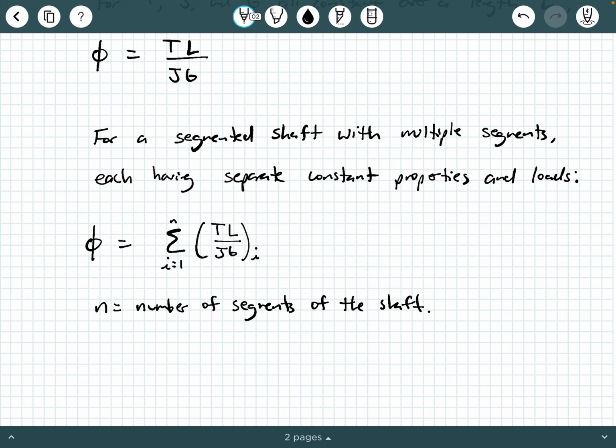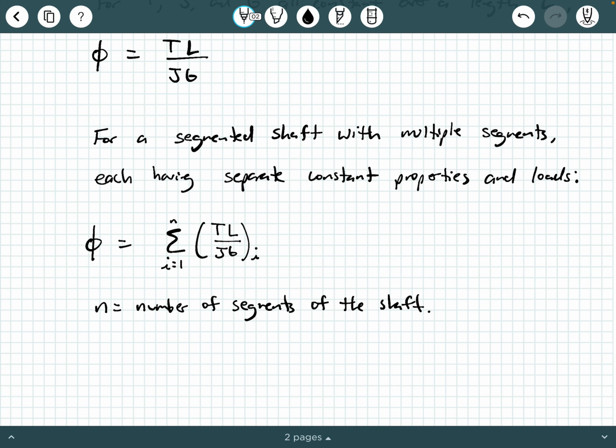So there's a force component, there's a length component, a cross-section area component, and a material property component. Similar here, when you have a torque-loaded shaft, you have TL over JG. So you have a loading component T, a length component L, a cross-section property, in this case the polar moment of inertia J, and then a material property G.